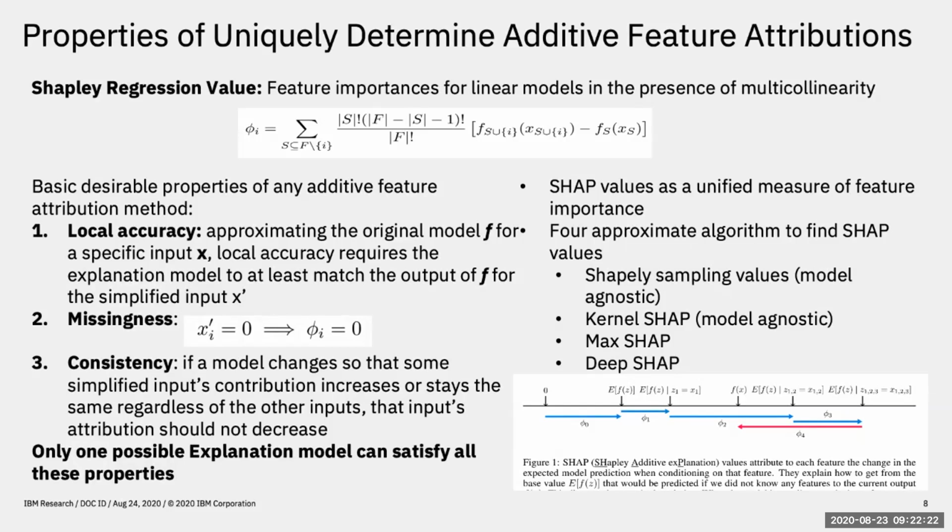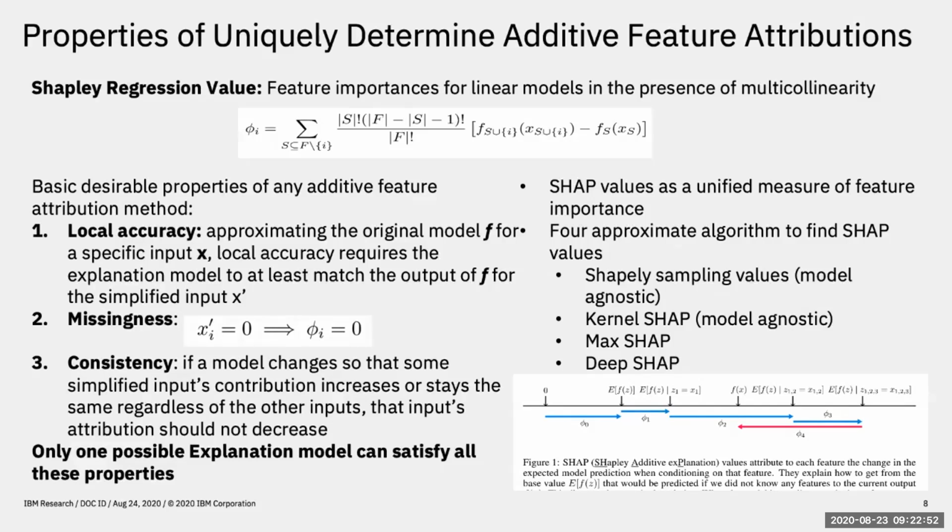So by consistency, it means that if the contribution of a particular feature stays the same regardless of other inputs when you change the model parameters, then the input attribution phi I should not decrease. So this is kind of a non-decreasing property of the feature attribution function.